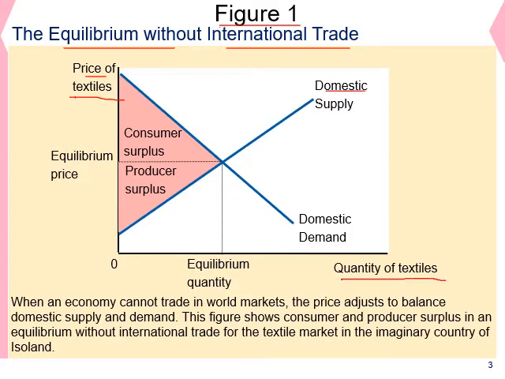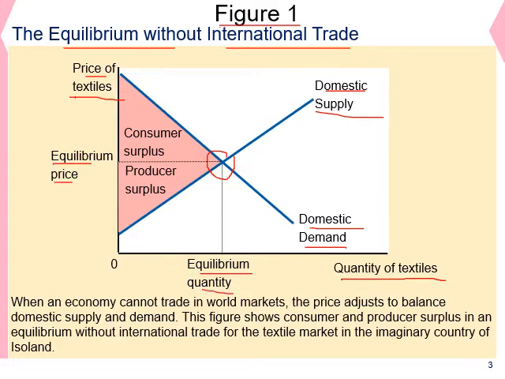The domestic supply of textile is the upward sloping curve. The downward sloping curve is the domestic demand for textile. The two curves intersect at this point, where you can find the equilibrium price and the equilibrium quantity.